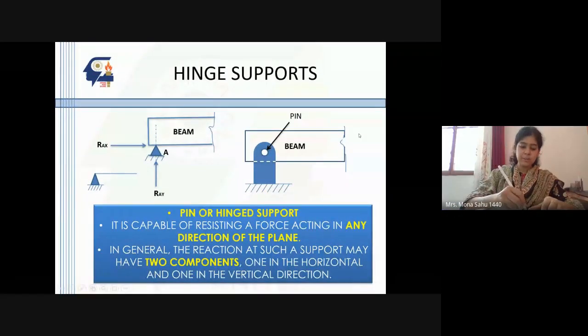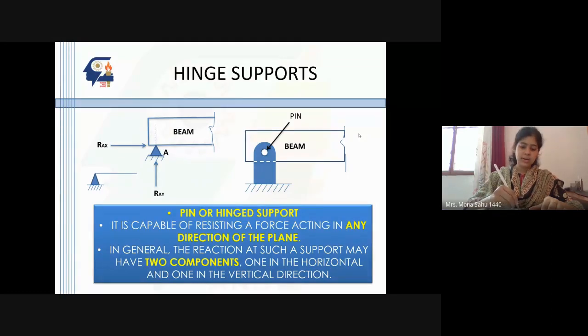Next is hinge support. So all of you can write point number B, hinge support. That means in both directions it is restricted. The movement of the beam is restricted. It is denoted by a triangle and this point A. In the vertical direction, there will be a reaction, that's why it's given as RAY.